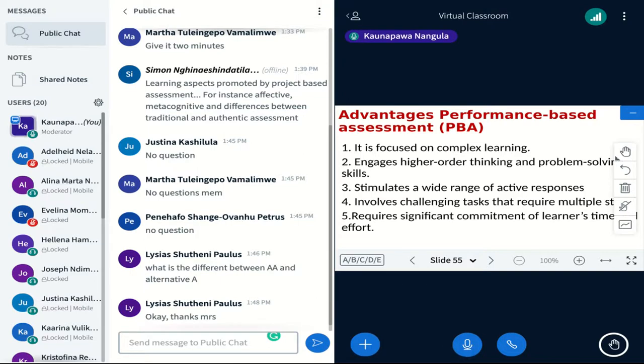Then it involves a wide range of active responses, rather than learners being passive recipients of knowledge and repeating it as they heard it, as in the traditional approach. Here they are very active in their responses. They give their opinion and are really engaged in the learning process. Then it involves challenging tasks that require multiple steps.